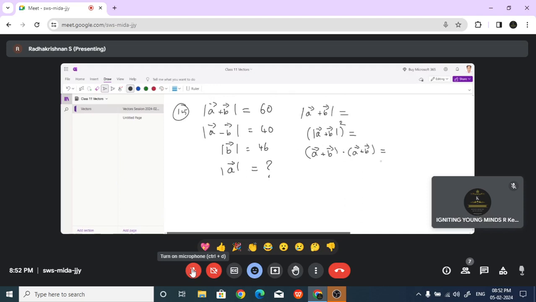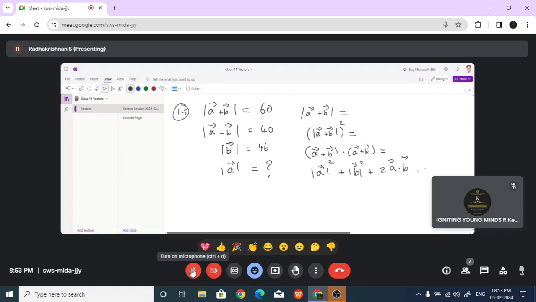This is only a scalar quantity, right? What do you get for this? So you can simply multiply, right? a square plus b square plus 2 a dot b, since a dot b equals b dot a.